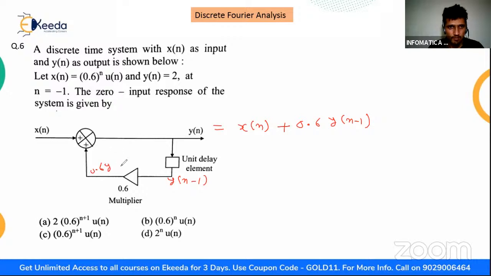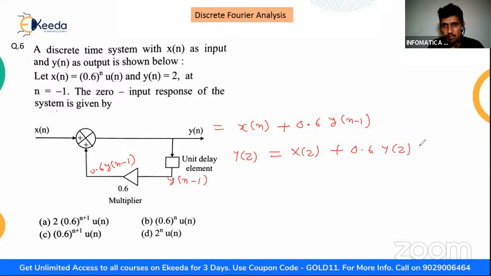What they want to know is the zero input response of the system, and you can convert it to the z transform also. So Yz equals Xz plus 0.6 Yz z inverse.